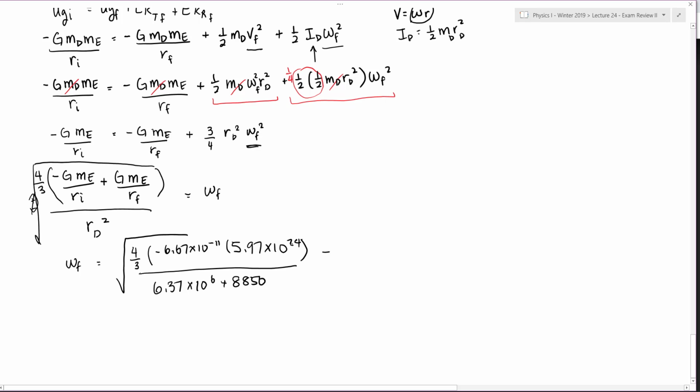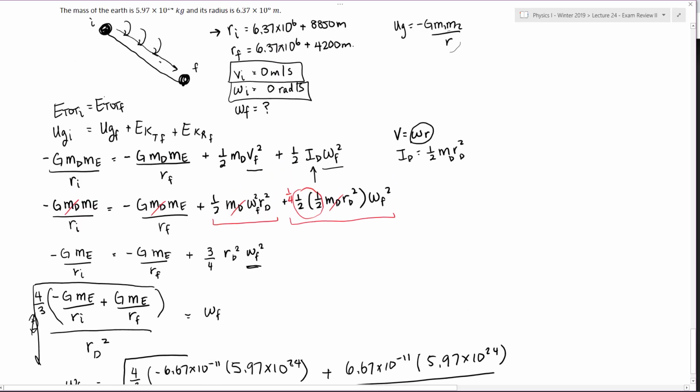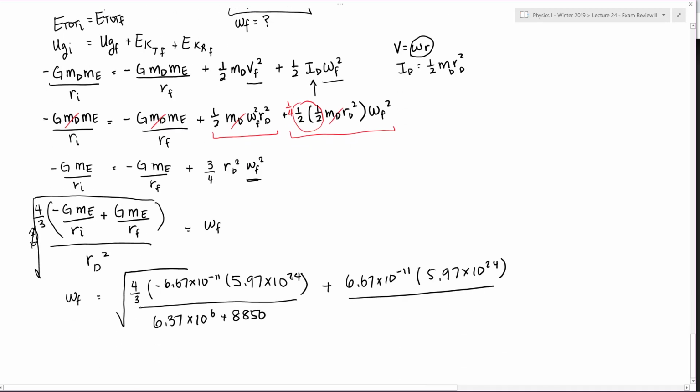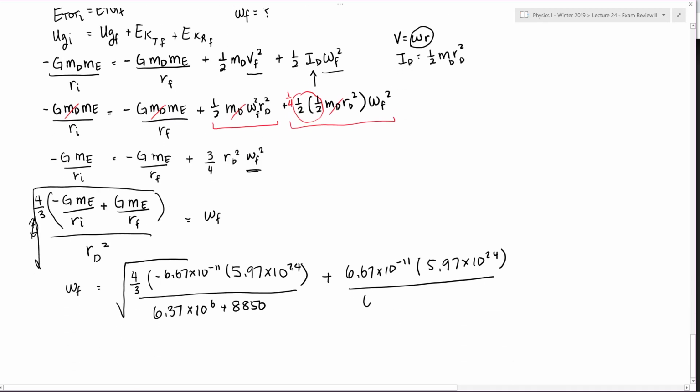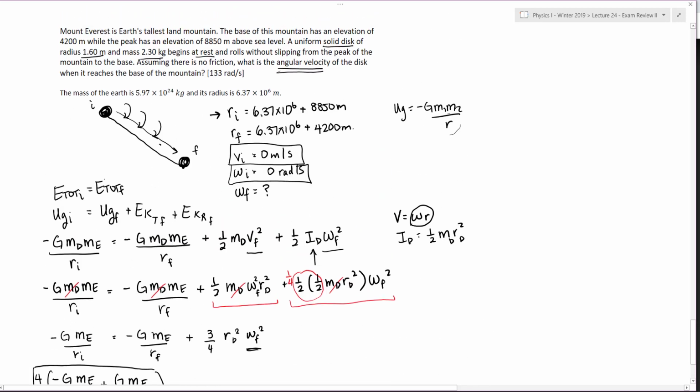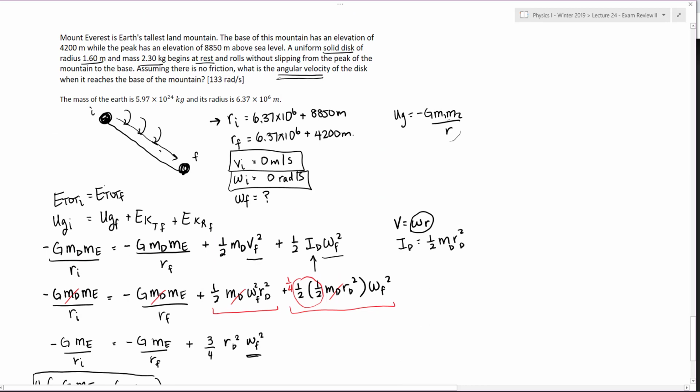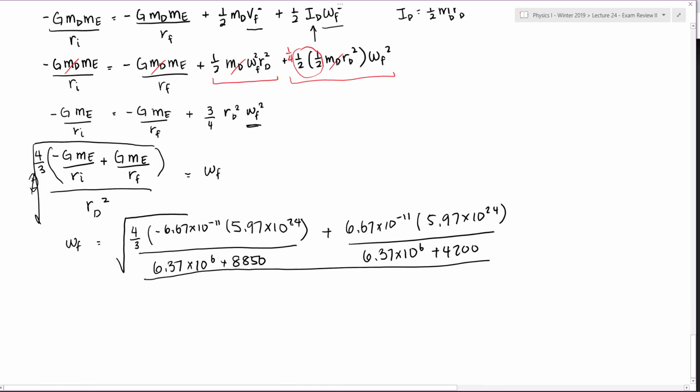Now I have plus G, which is 6.67 times 10 to the negative 11, times the mass of the Earth, divided by r final, so that's 6.37 times 10 to the 6 plus 4,200, divided by the radius of the disk, which is given in the question, 1.6 meters, squared.